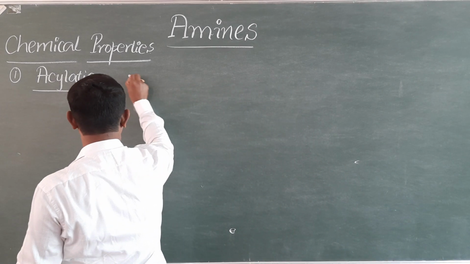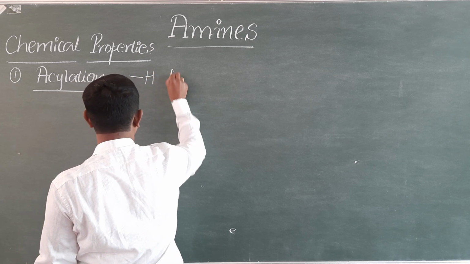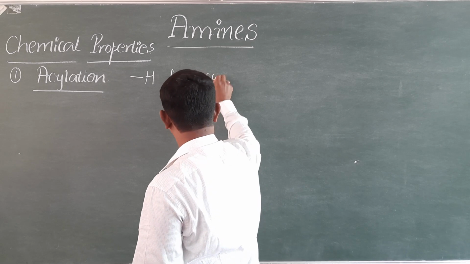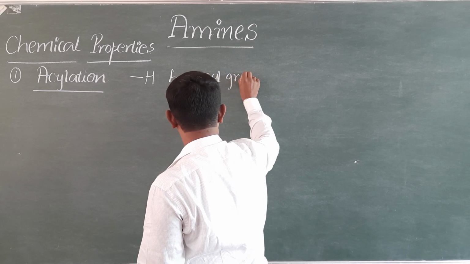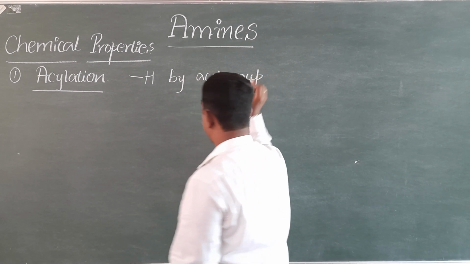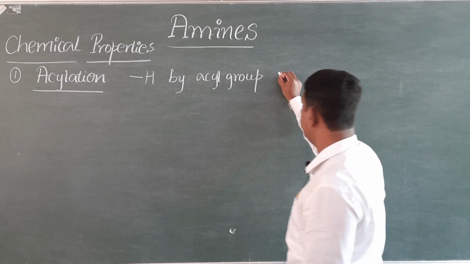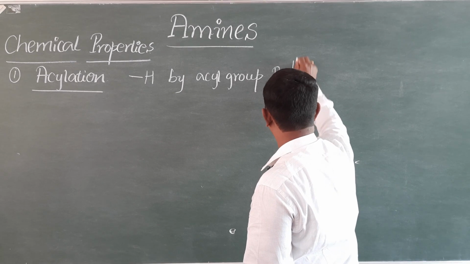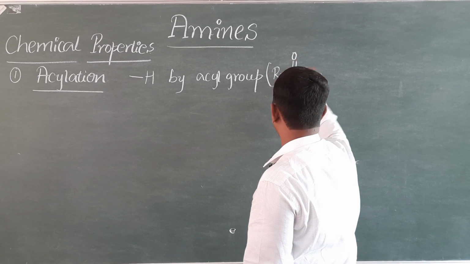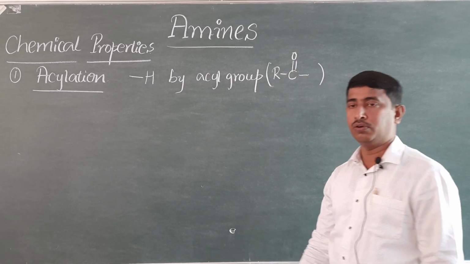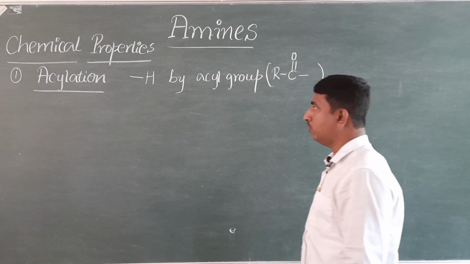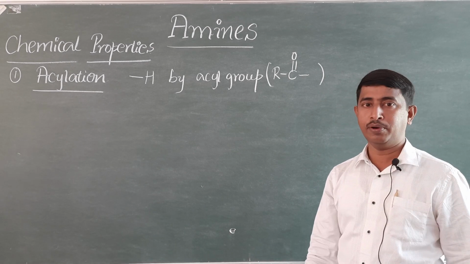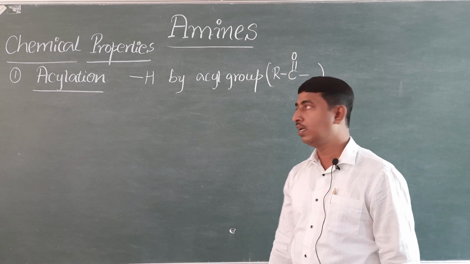The formula of the acyl group is R C double bond O. So, replacement of a hydrogen atom by an acyl group, that is R C double bond O, is called acylation.